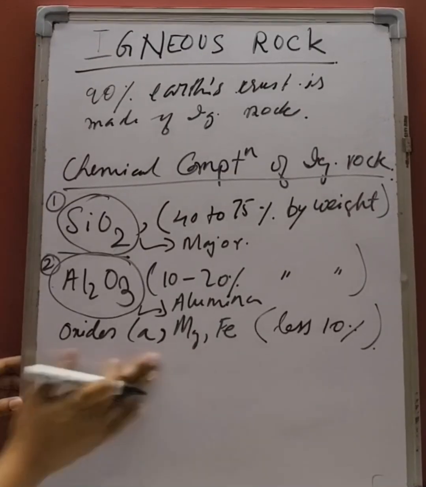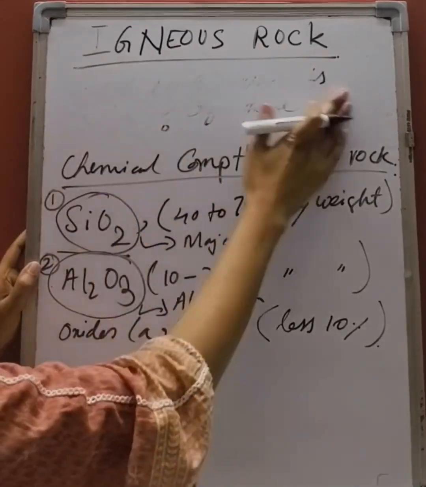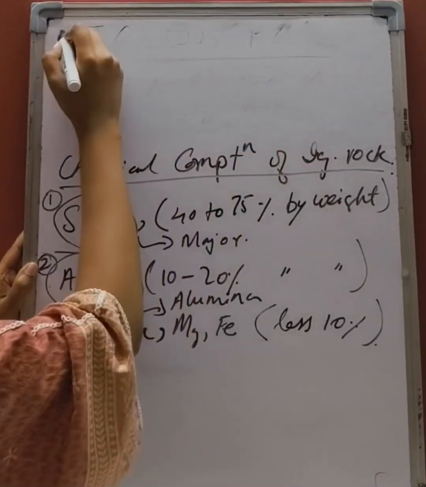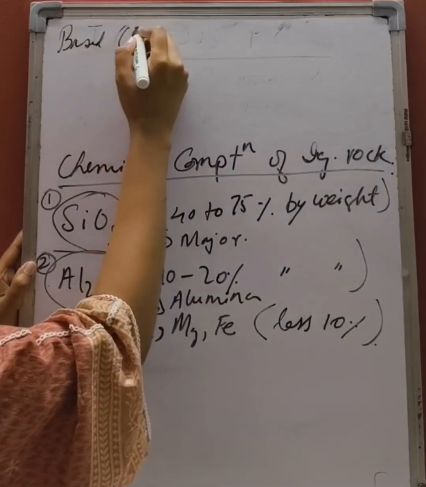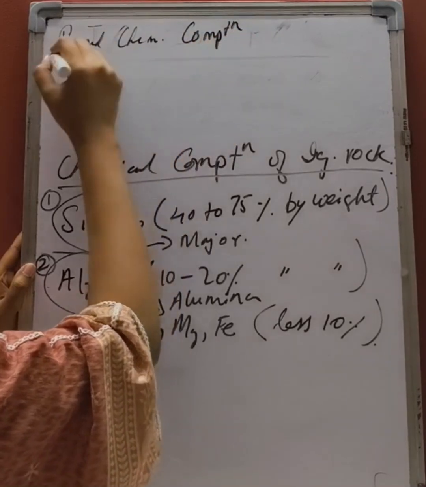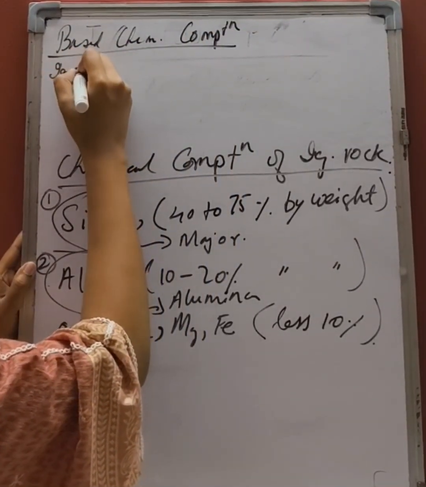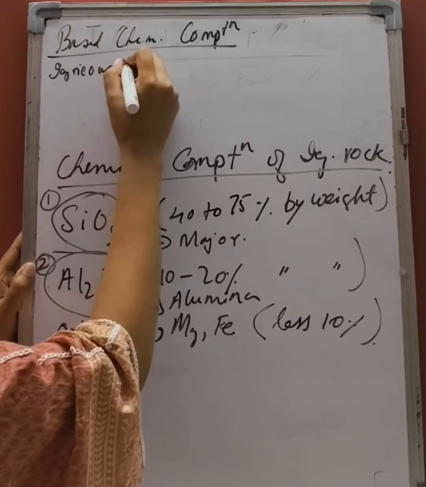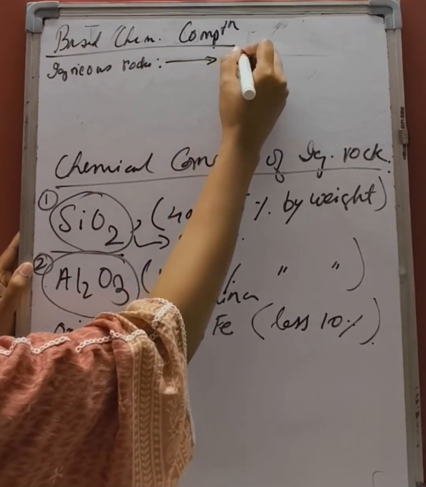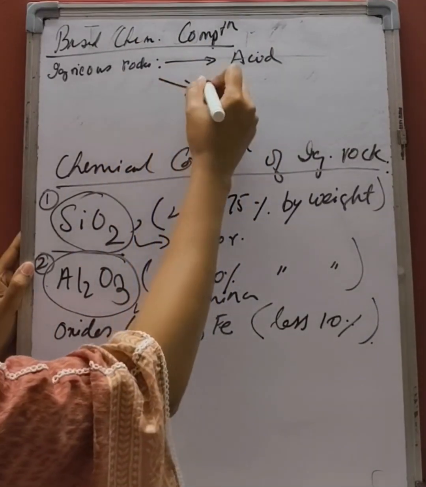Based on chemical composition, igneous rocks are classified into acid and basic rock.